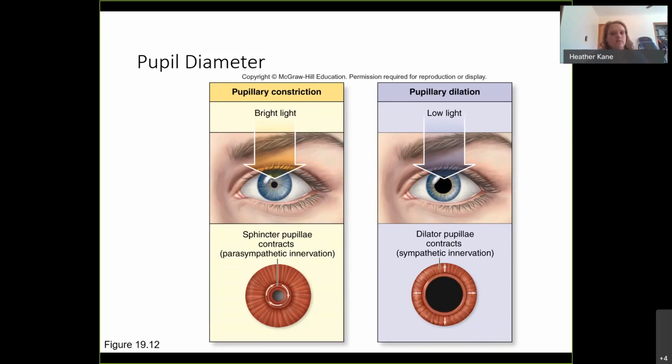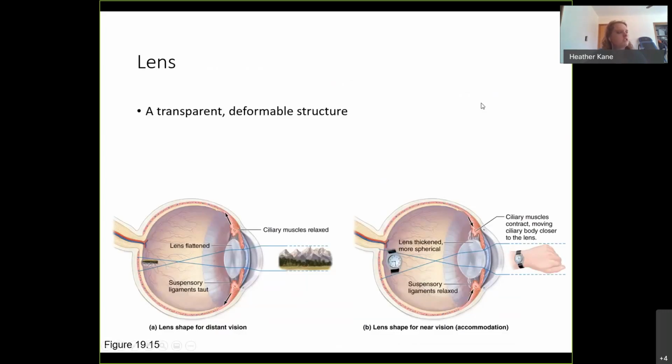Okay, let's talk a little bit more about our lens. Here is the lens right here. This is going to be a transparent and deformable structure. It has to be deformable so that it can focus on objects that are different distances away. It is suspended behind the pupil by these things called suspensory ligaments.